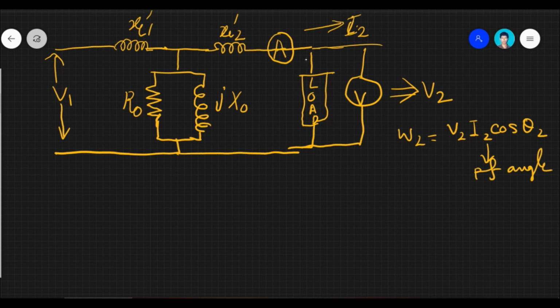So on the secondary side, we consider the secondary voltage before clubbing this equivalent circuit, when there were two separate circuits. First let me draw the secondary side only.